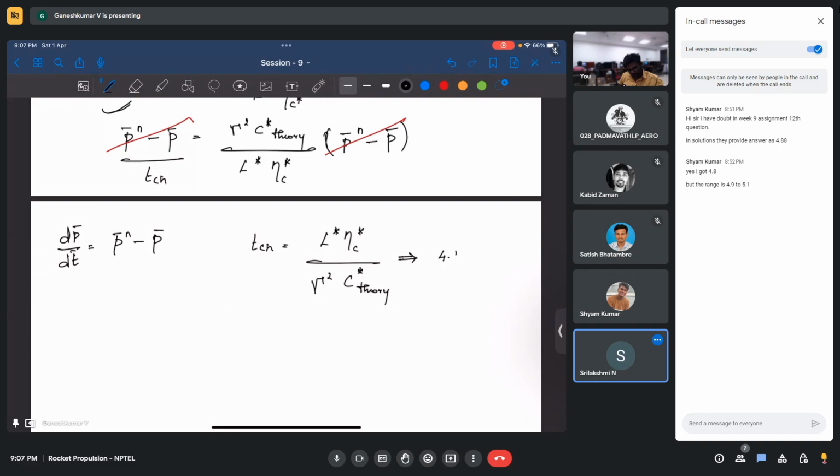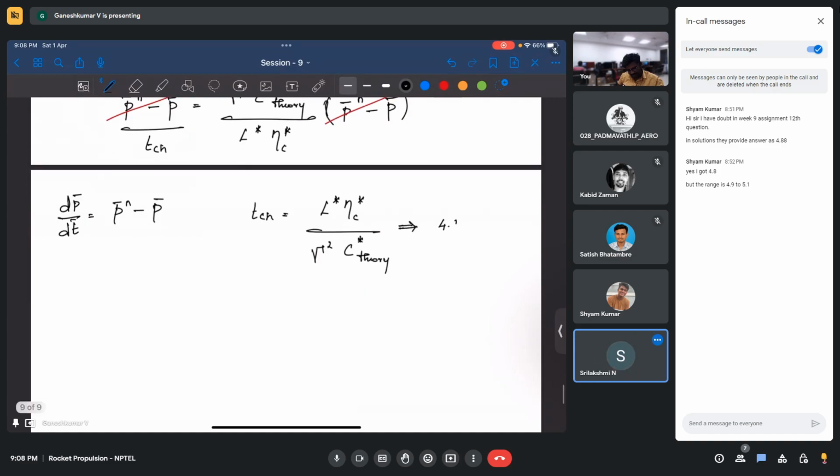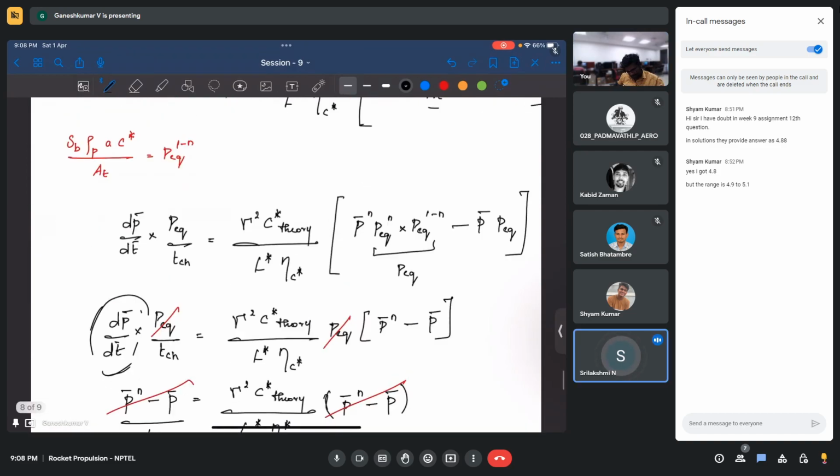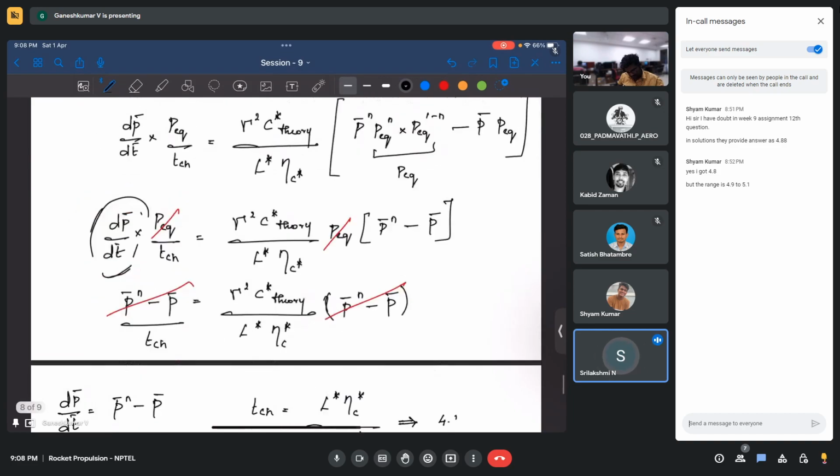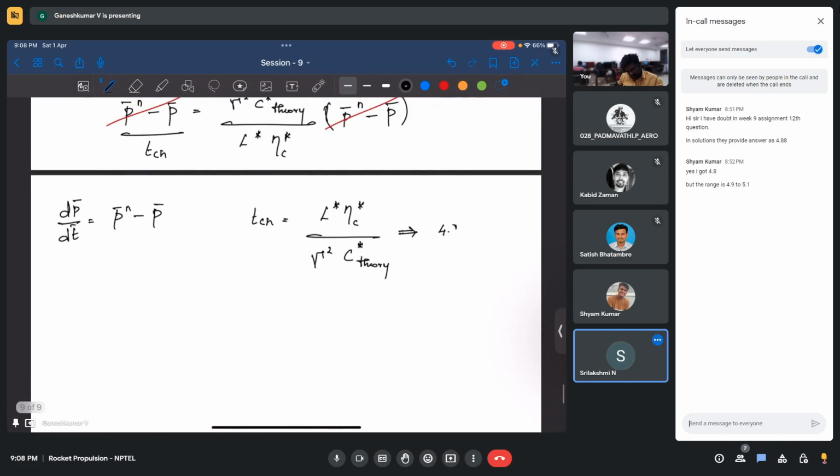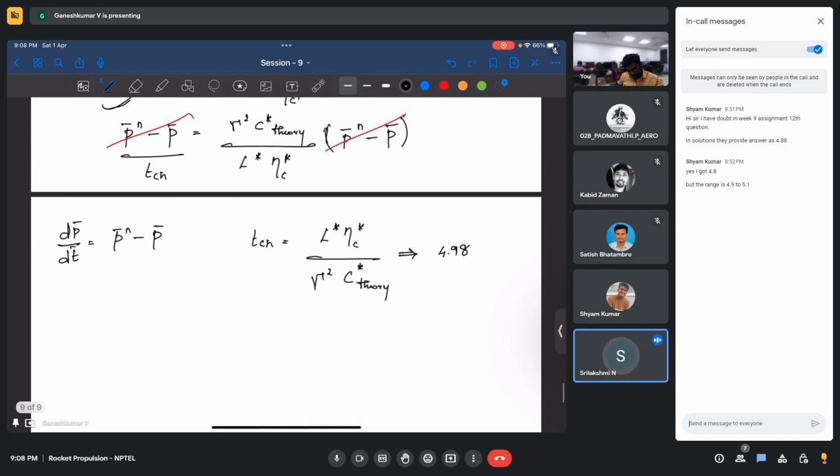Without the efficiency, I was getting 4.74, and by multiplying the efficiency of 0.95, I'm getting 4.98. The correct answer is 4.9 to 5.1.